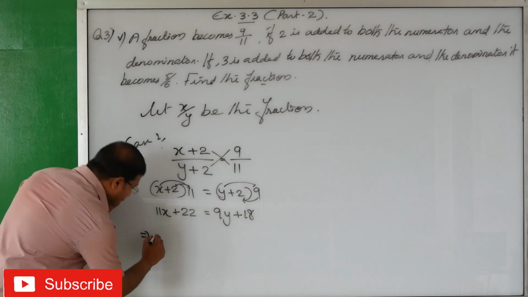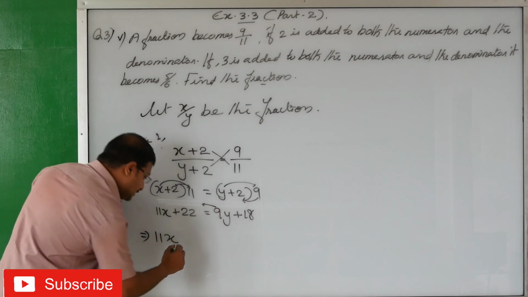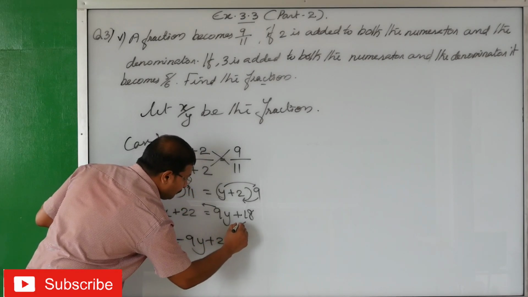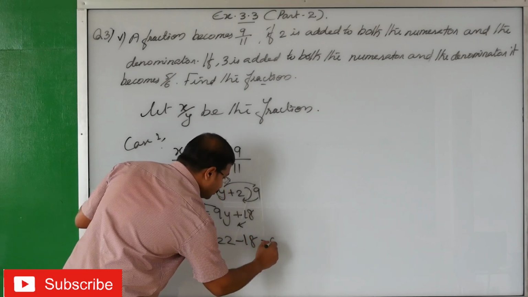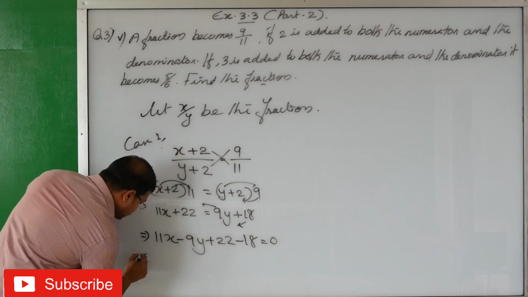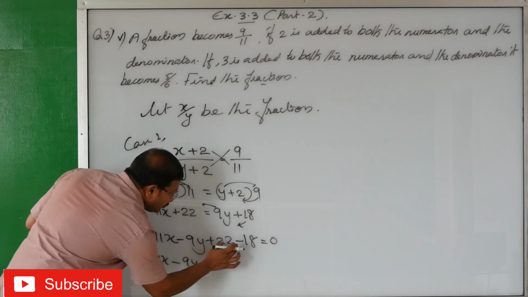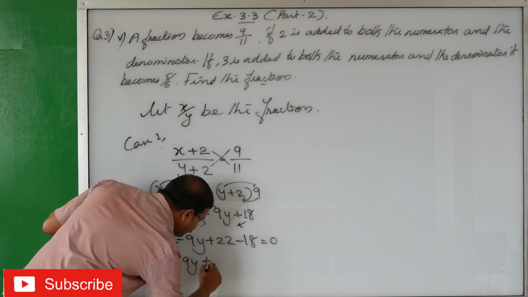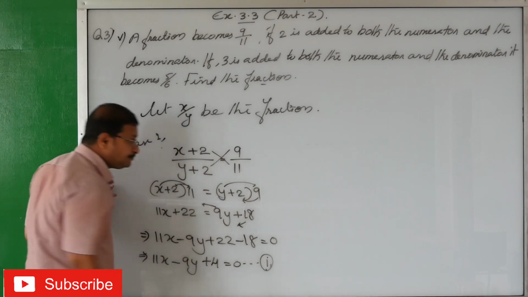This implies 11x, 9y goes to the next side, minus 9y, plus 22 is already here. Now plus 18 goes to the next side, minus 18, equal to 0. This implies 11x minus 9y, 22 minus 18, that is 4, plus 4 equal to 0. This is equation number 1.